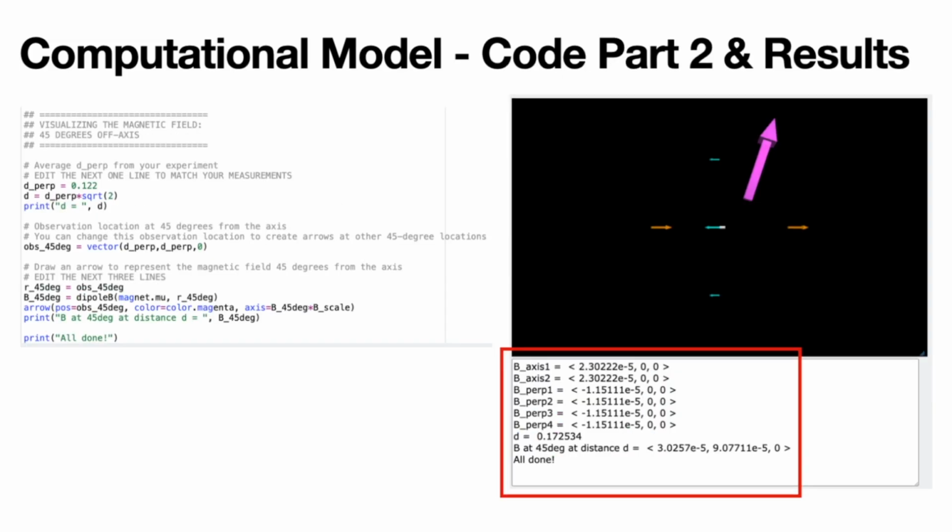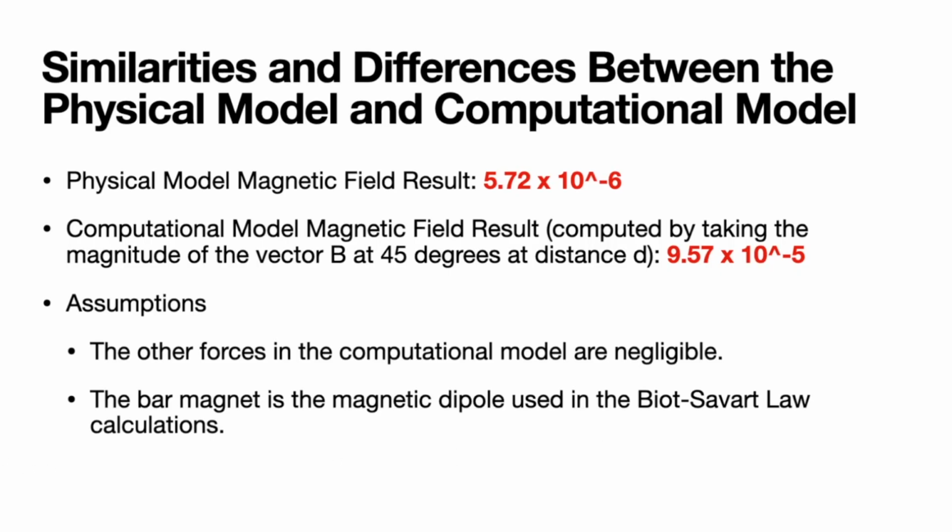And so here's the last of that code, and then the actual visual here, and then you can see the magnetic field, which we need to take the magnitude of to actually see what our result is to compare to the physical model. So looking at the physical model, the magnetic field is that value.